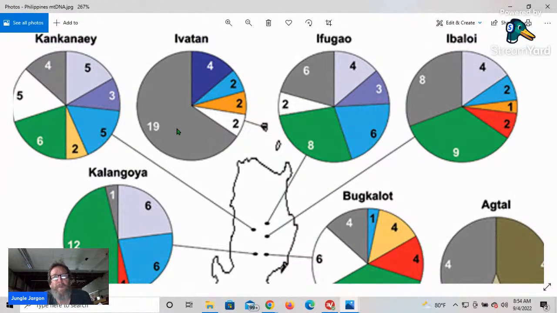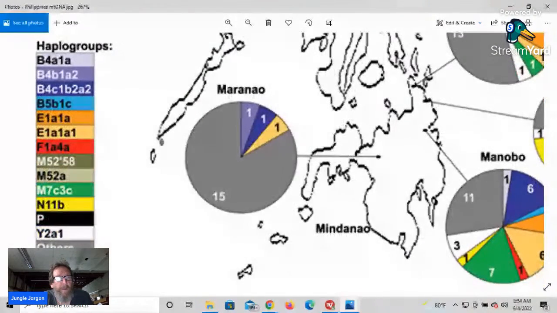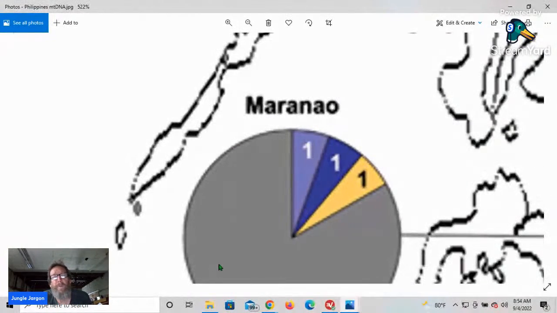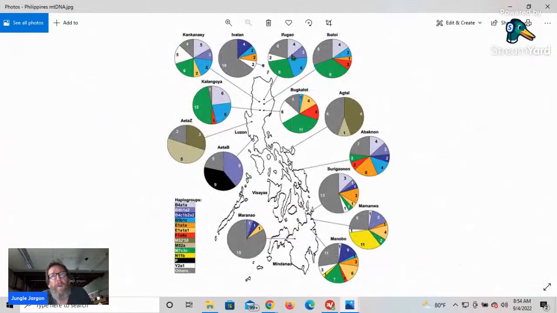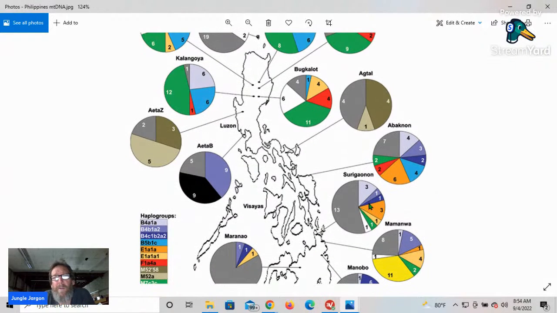Well, not this dark gray. This is like other. I think it's other. Yeah, that's others. Anyway, so not the dark gray, but the lighter shades of gray and the blue and the reds and the black is a Middle Eastern mitochondrial DNA that passed through this area of the Philippines and went on to the Pacific Islands all the way to America.